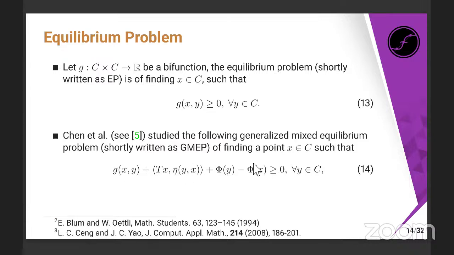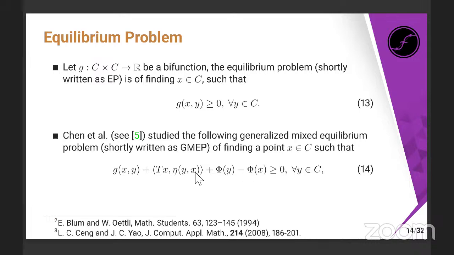This is a mixed equilibrium problem because it combines at least 3 problems at the same time, where G is a bifunction defined by 13, and pi is a proper, lower semi-continuous function, which is normally used to define what we call a minimization problem.